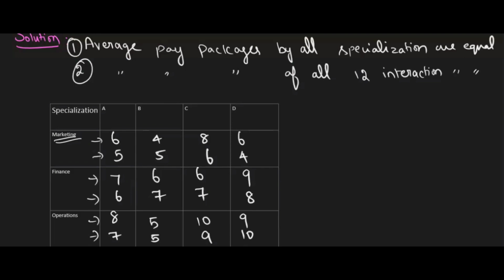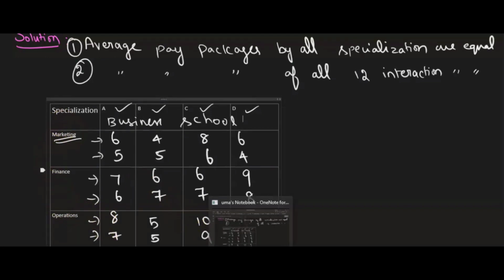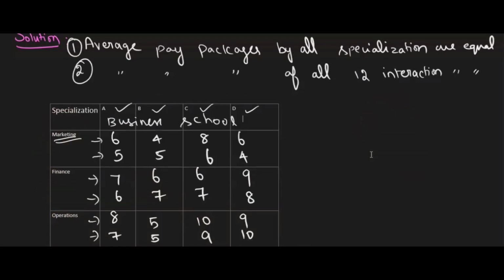And these A, B, C, D are nothing but your business schools. So, it is in the common category. So, this A, B, C, D are different types of schools, and we have marketing, finance, operations. So, we are going to compare school wise and specialization wise. And we have more than one observation in a cell.